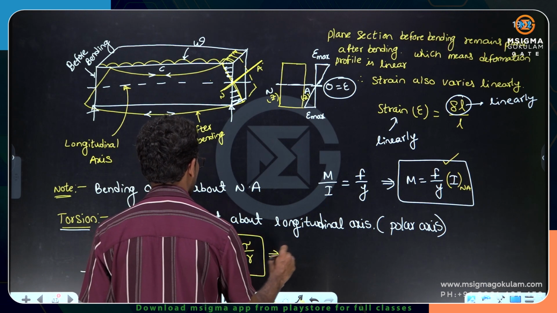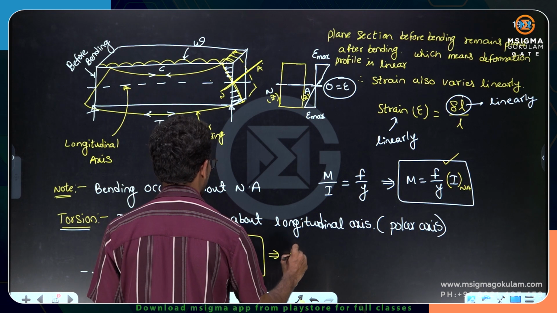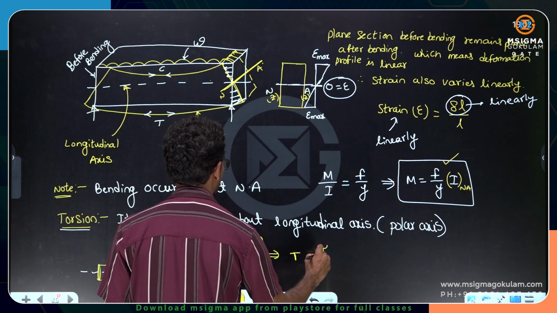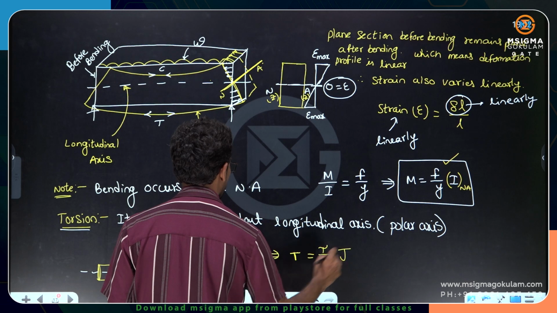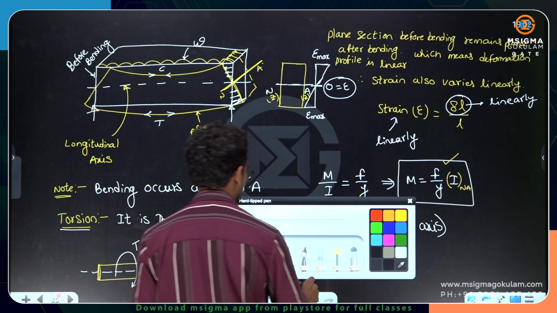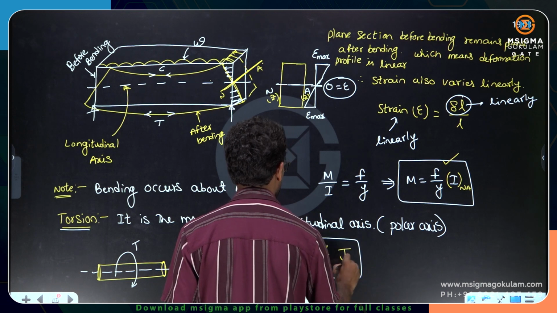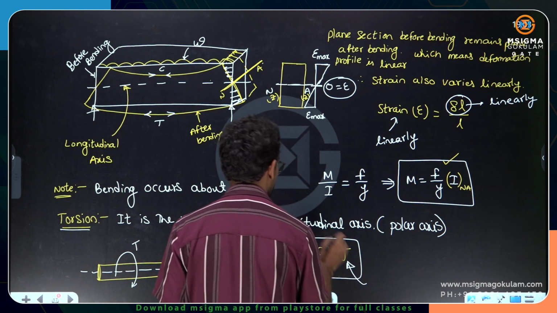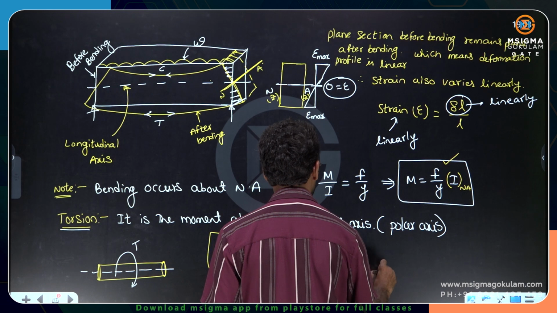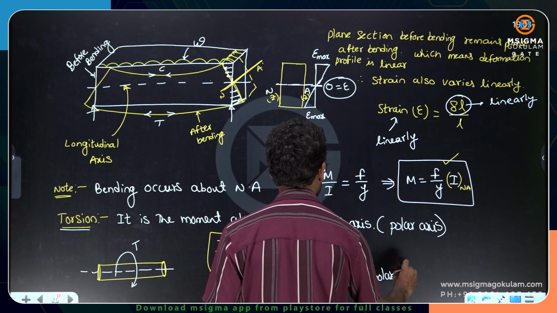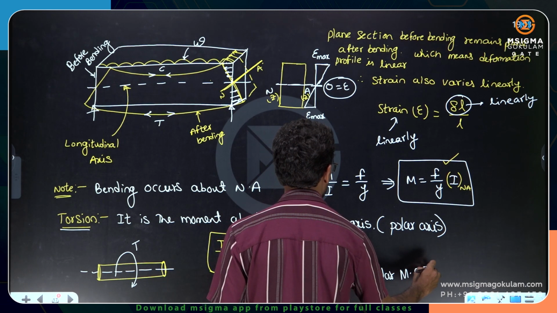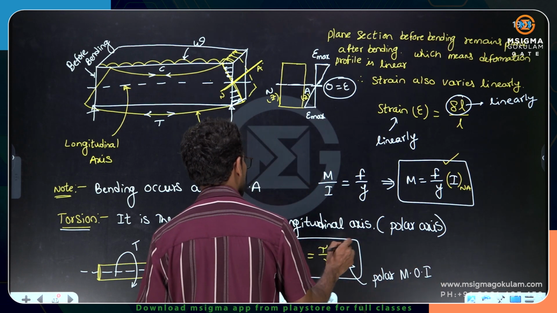When I want to estimate torsional carrying capacity, I have to use tau by R into J, where J is the polar moment of inertia, also called IP.